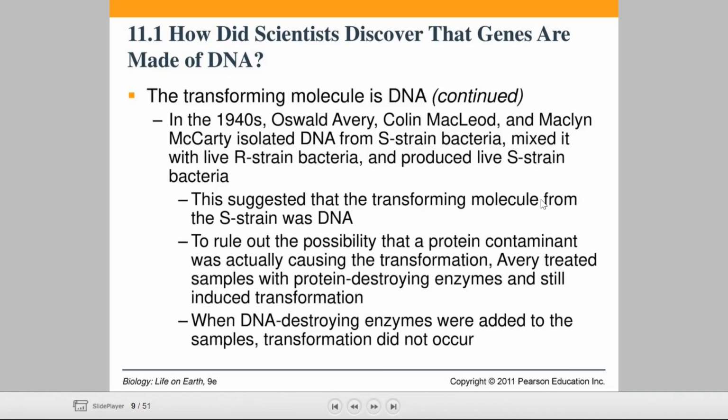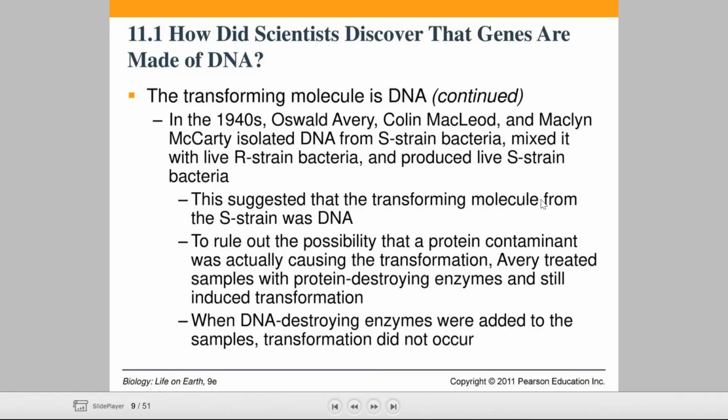How come? Another scientist comes into the picture. In the 1940s, there were three scientists, Oswald Avery, Colin MacLeod, and Maclyn McCarty, who isolated DNA from S strain bacteria and then mixed it with live R strain bacteria and produced live S strain bacteria.